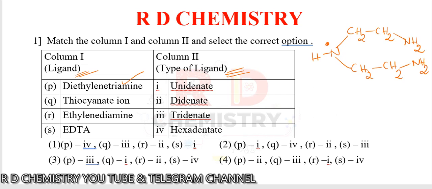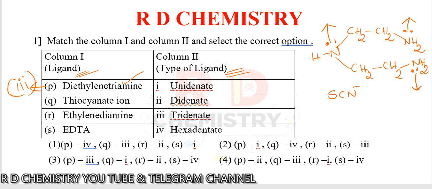Nitrogen contains a lone pair that can be donated, and there are two more nitrogen atoms that can donate the electron pair, so there are altogether three donor ligating atoms. So it should be tridentate. So P, I can go for Roman number 3. Thiocyanate, thio, sulfur, cyanide is CN minus.